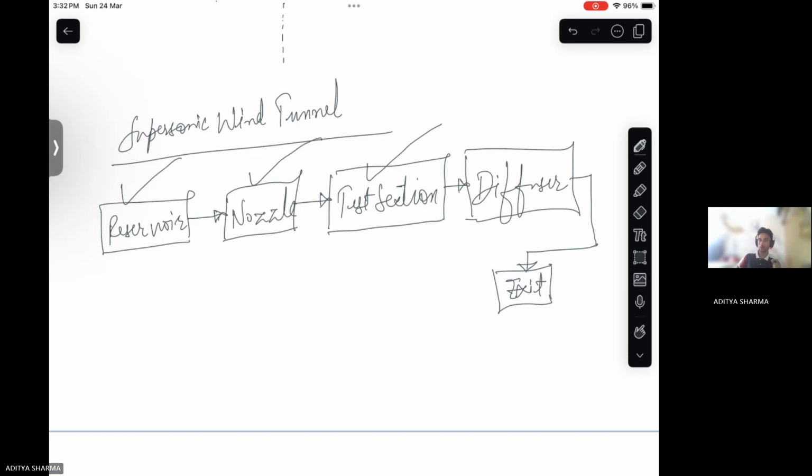If the flow exits into the atmosphere at the same speed, the total pressure loss will be huge. To avoid that, a diffuser is used, and then the flow exits through this diffuser into the atmosphere.